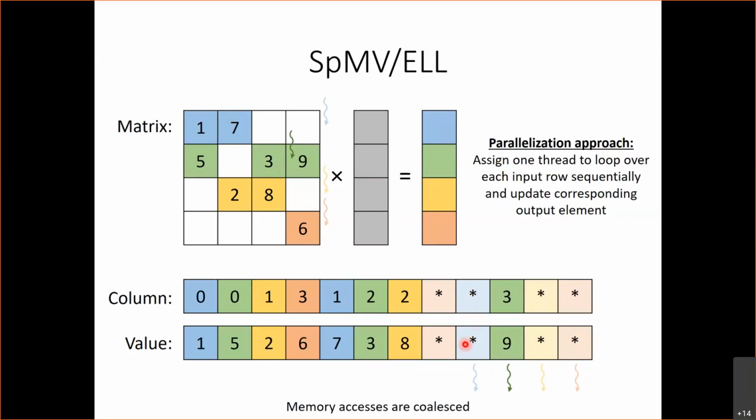So in this example, the only row we cannot add a non-zero to is the second row because it already uses all the elements. But for all the other rows, because they have padding, if we want to add a non-zero, we can replace the padding with the non-zero. And because the way we run our kernel takes into consideration the fact that there might be padding, if we want to remove an element, we can remove it and replace it with padding.